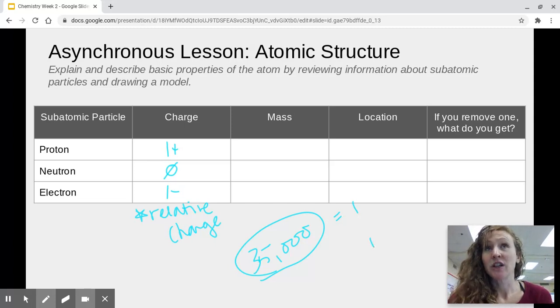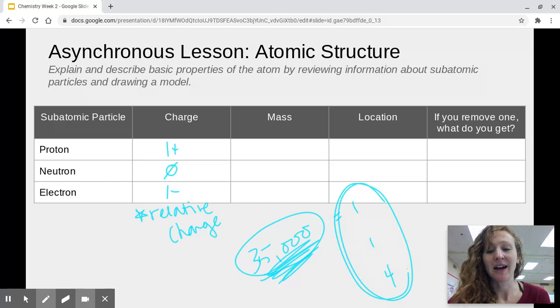The population of Portland is probably 4 times that, and so we could call the population of Portland 4. Those would be relative populations. And it's convenient for us because we're avoiding using the super bulky decimal numbers, and we deal with the simplified relative numbers instead. That's what we're doing with the charge.